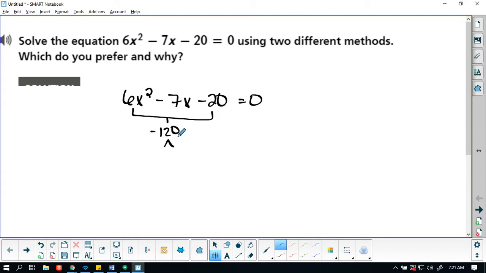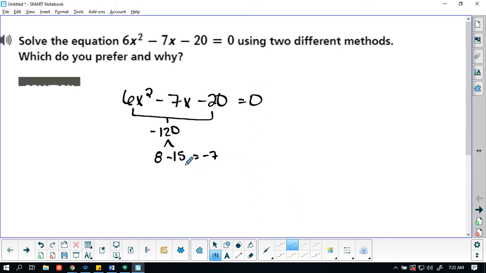Pulling out that handy dandy calculator. So we're looking for 7. I see 8 and 15 are options. One of these has to be negative, so 8 minus 15 will give me the negative 7.